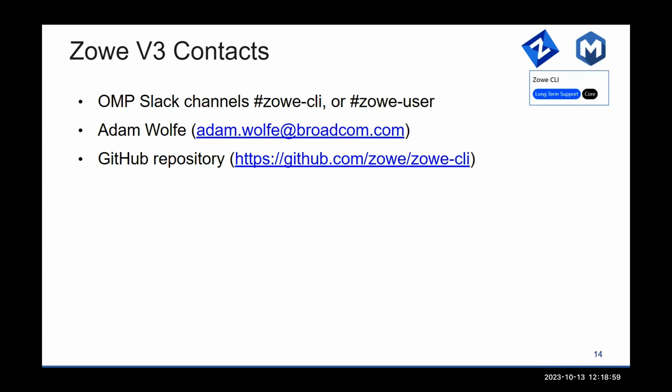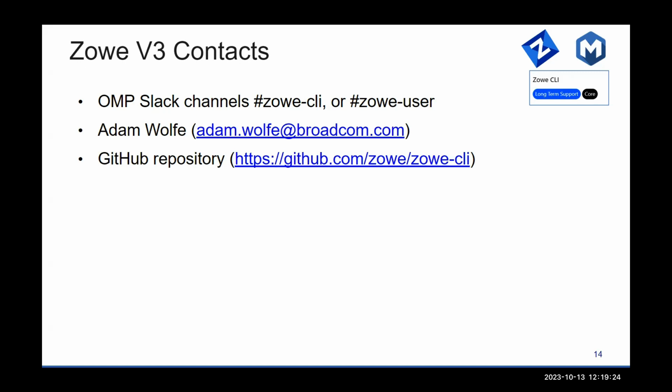And finally, contacts. So probably the fastest way for somebody to reach somebody on the CLI team would be to send us a message via the Zowe CLI or Zowe user Slack channel in the OMP Slack server. Of course, the Zowe CLI channel is probably the best channel.